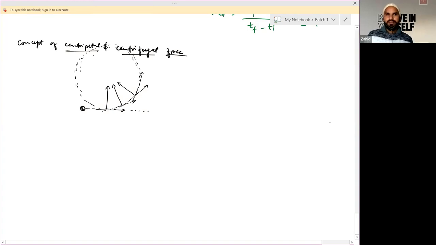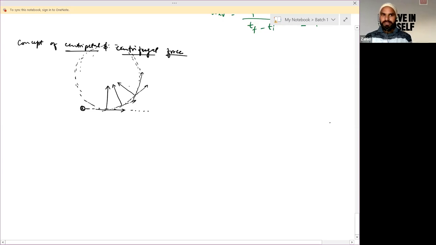So you will say a force which is responsible for keep on changing the direction of a moving body so that it starts revolving along a circular path. Since this force is acting from inside, that is towards the center of that particular circular path, this force is termed as centripetal force.